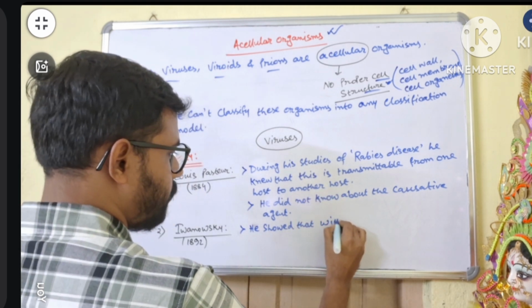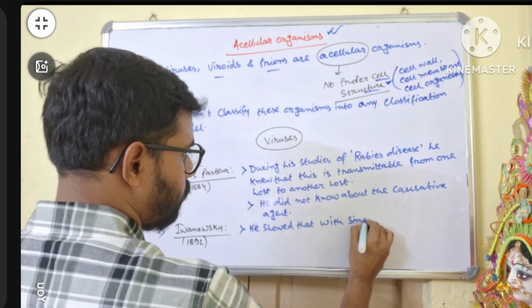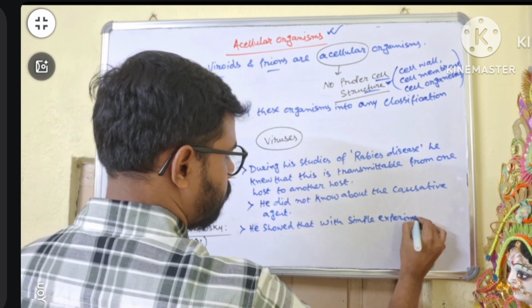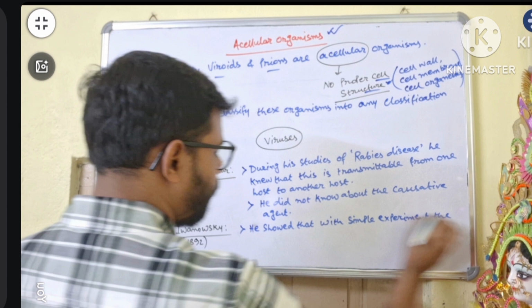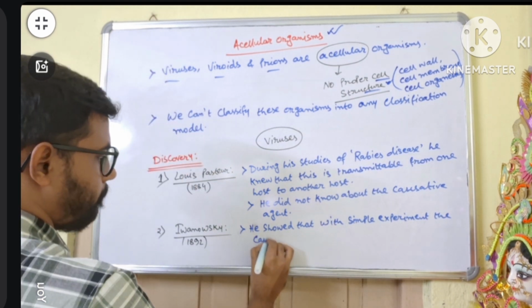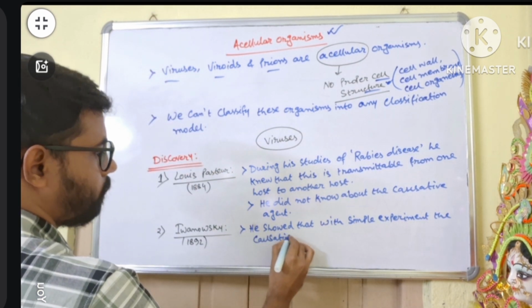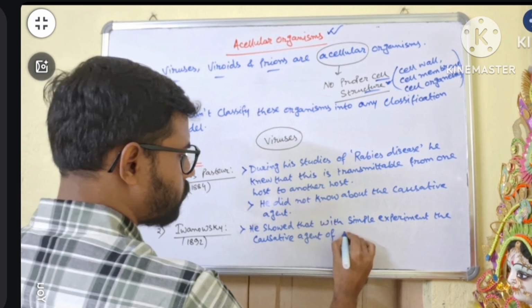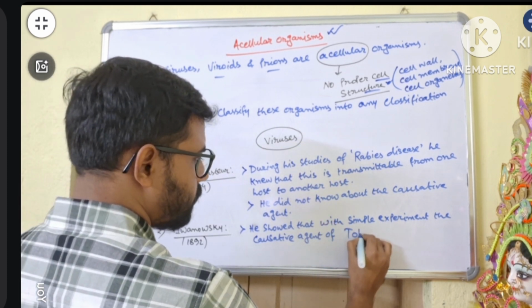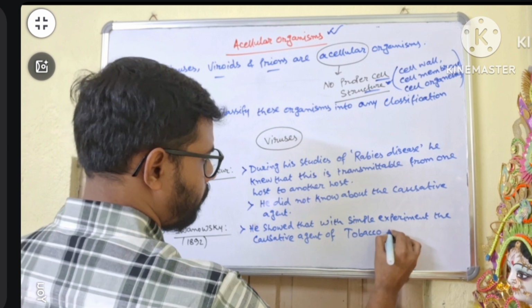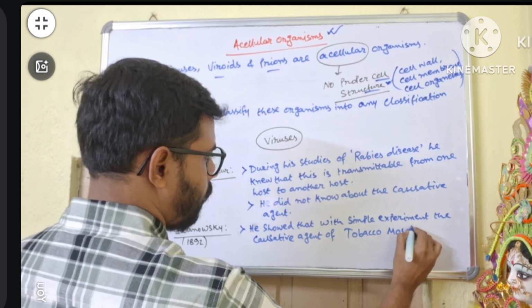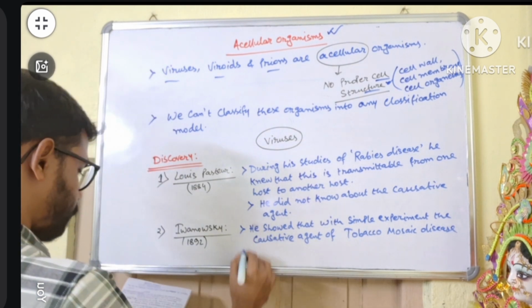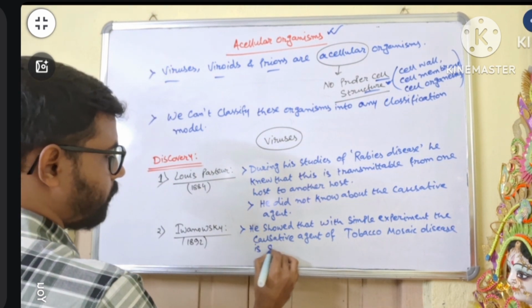with a simple experiment, the causative agent of tobacco mosaic disease is smaller than bacteria.